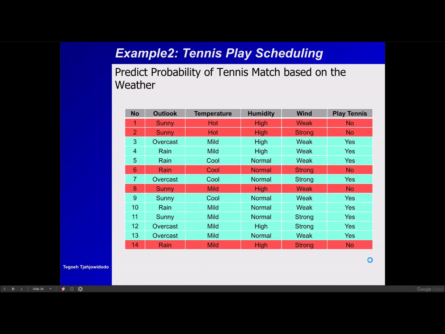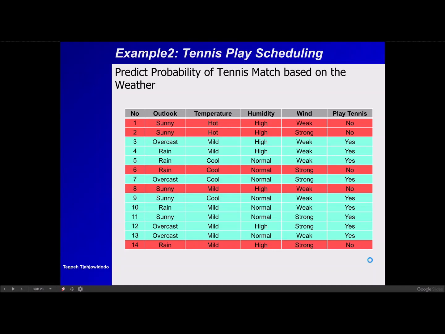There are four factors of weather: outlook, temperature, humidity, and wind. These are the four observable variables, the four inputs, and the output, the one that we are going to estimate, is the tennis match, whether it is played or not.